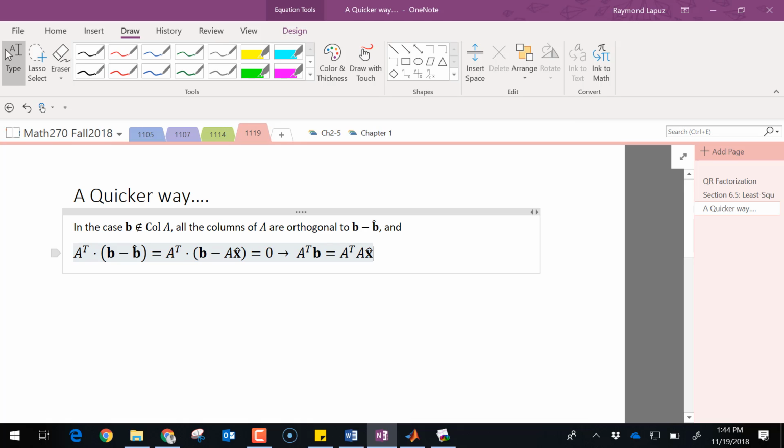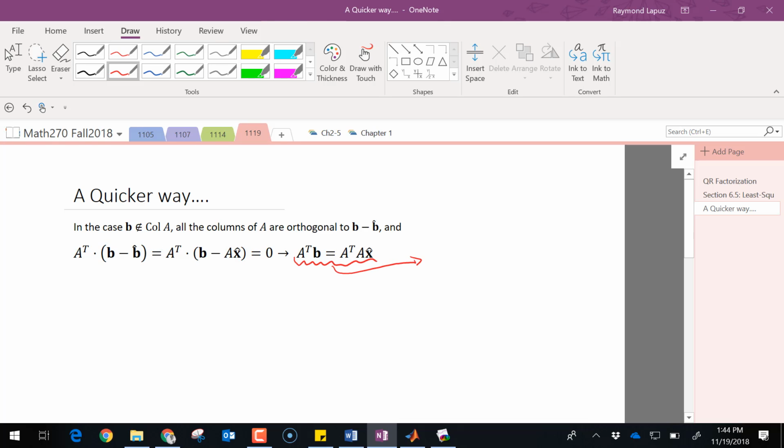So if we work through this where B hat is equal to AX hat, and then you distribute the A transpose, then we get this special relationship between B and B hat. In fact, it's a good way for us to figure out what X is. Remember, we're looking for X hat.